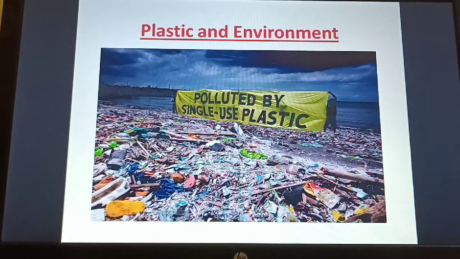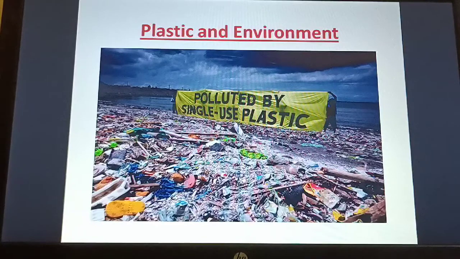Do you know that there is so much plastic in the oceans, and because of this plastic, it affects the life of aquatic animals? Maybe through rain or other waters, it flows to the rivers or oceans, and the fishes or aquatic animals present in the water will be affected.